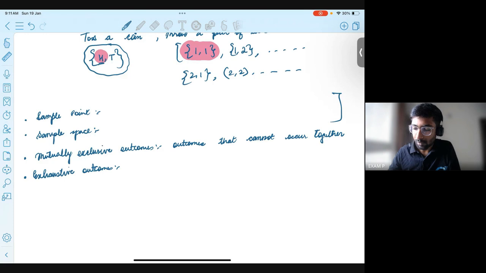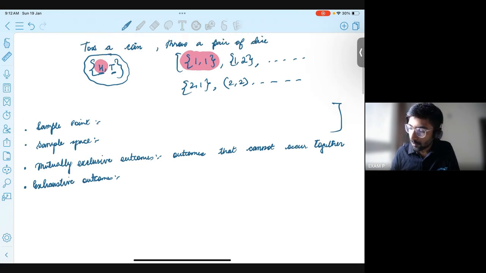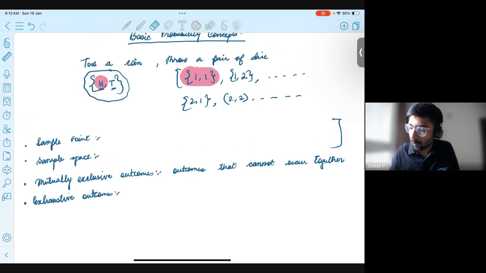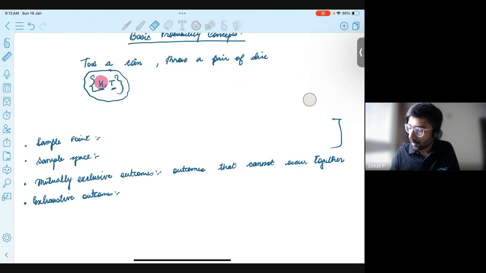For example, if you collect heads and tails for tossing one coin, these 2 are the exhaustive outcomes because they make up the entire sample space. If you throw one die, these are the possible sample points, and this is your entire sample space.